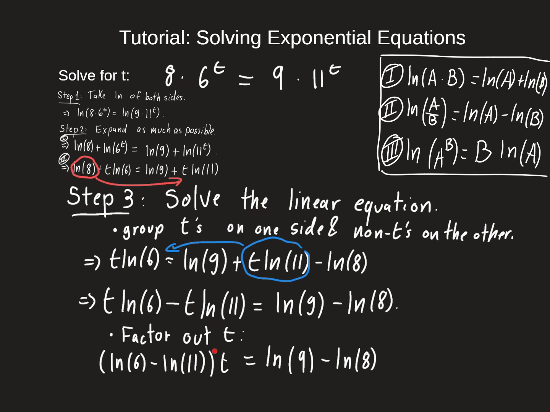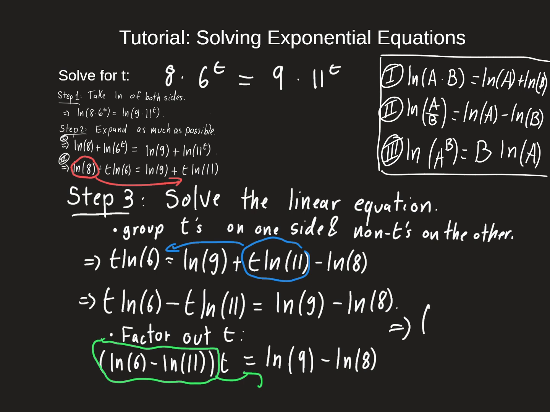Now all that's left for us to do is to take this ln of 6 minus ln of 11 and move it over to the other side. To do that, we're going to have to divide. We're going to take this whole thing and pass it over to the other side by simply performing division.